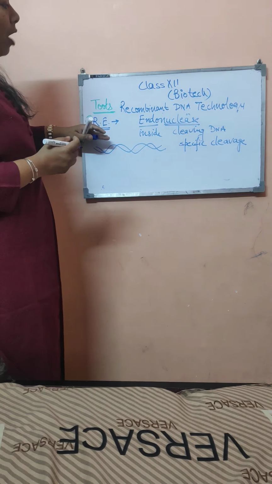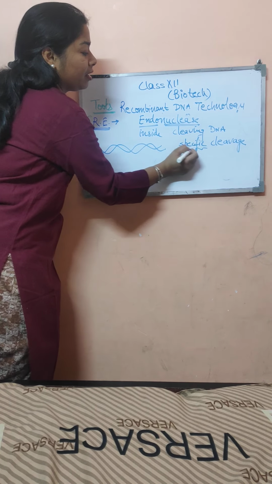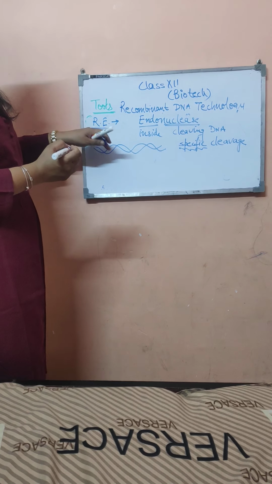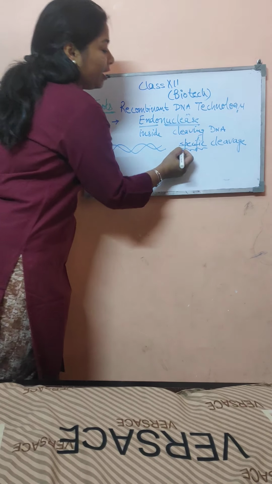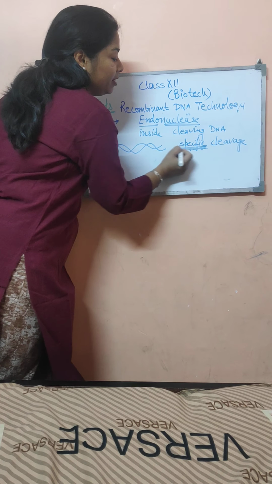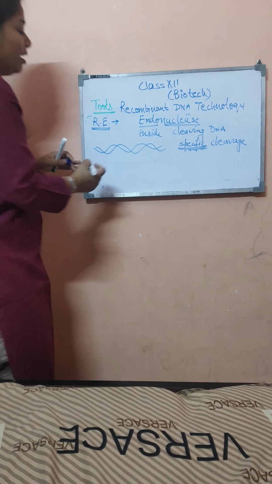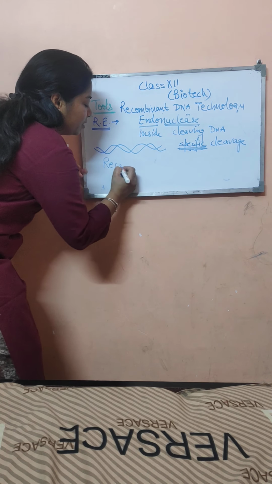And how is this specific cleavage done, how does a particular restriction endonuclease cleave at a particular site? This is due to their recognition sequences.